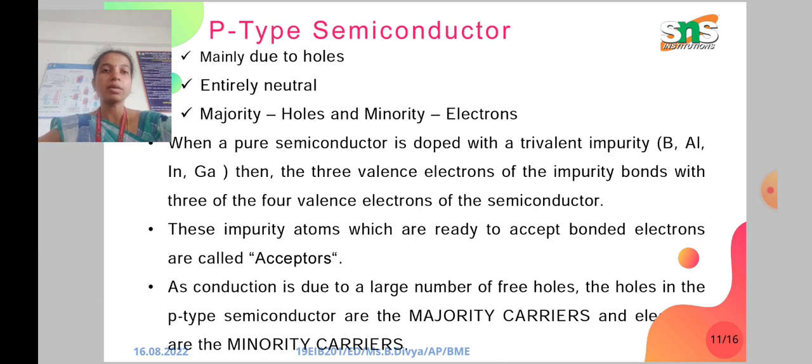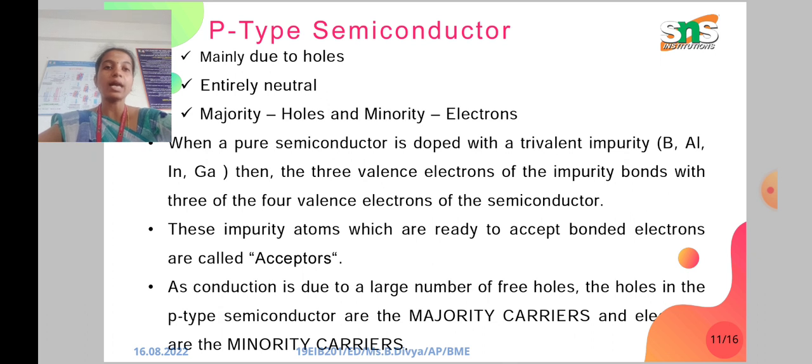When a pure semiconductor is doped with trivalent impurities, the 3 valence electrons of the impurity bond with 3 of the 4 valence electrons of the semiconductor.